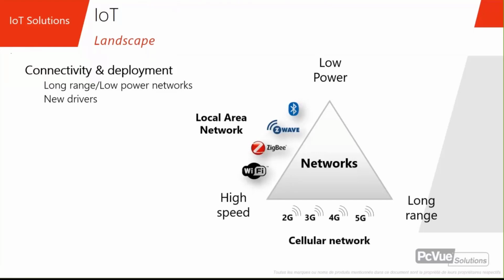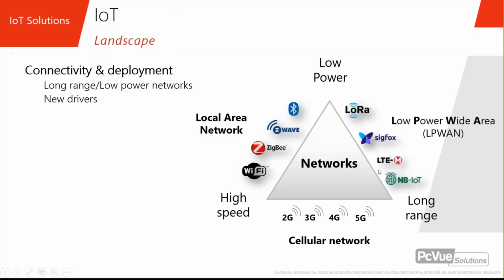Then we have the cellular networks, the G family, 2G, 3G, and so on. Here we talk about high speed and long range networks, but not low power. And we have the low power wide area, the LPWAN, so the IoT network for long range and low power.